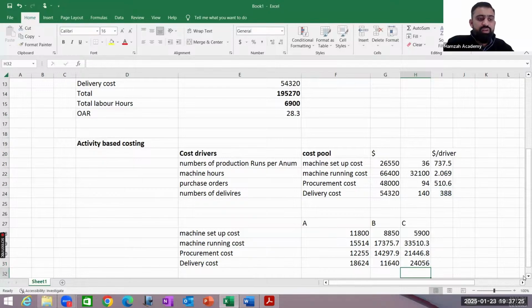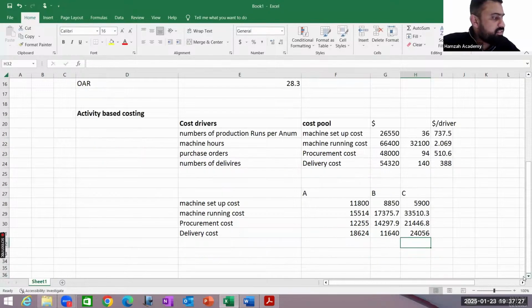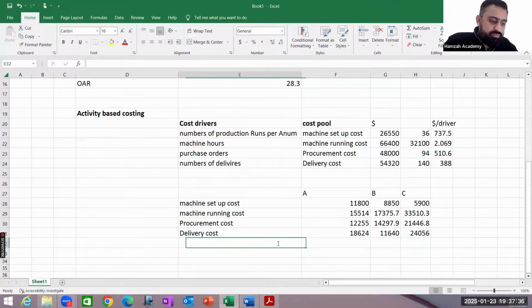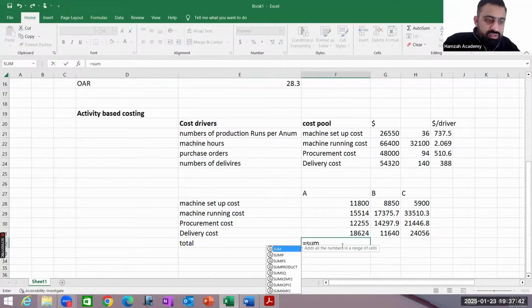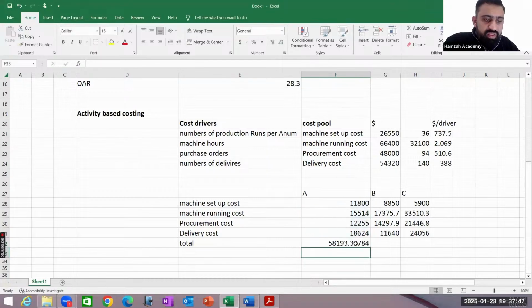So here we have allocated the overhead to each product using activity-based costing. Now the total overhead allocated to each product is the sum, for A, for B, and for C.